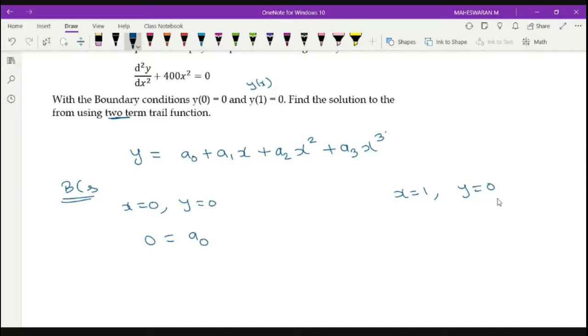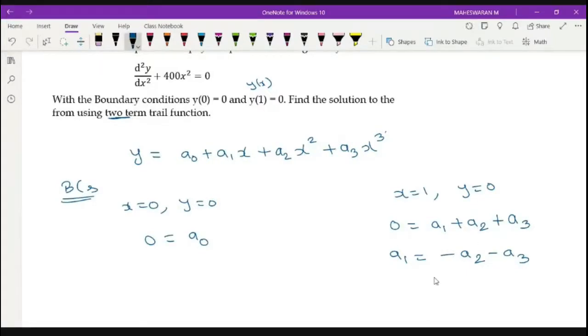In that case, when I substitute, what will I get? 0 is equal to a1 plus a2 plus a3, right? This is the term I'm getting, which means I can say that a1 is equal to minus a2 minus a3. So I'm bringing this to one side.